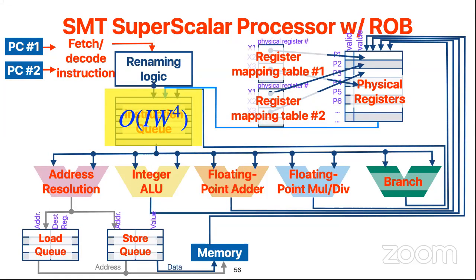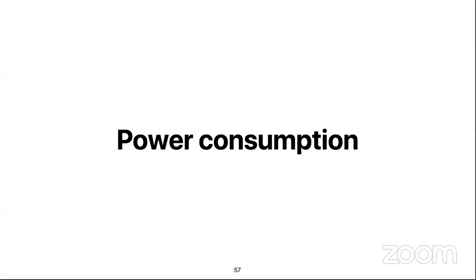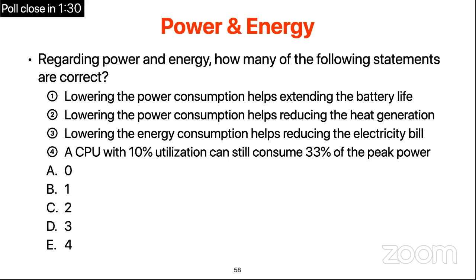However, SMT is essentially just like a superscalar processor, and the issue logic needs dynamic scheduling, which can be very complex. The other issue is power consumption. So before we talk about the power consumption issue of modern processors, why don't you show me your understanding about power and energy through this question real quick?